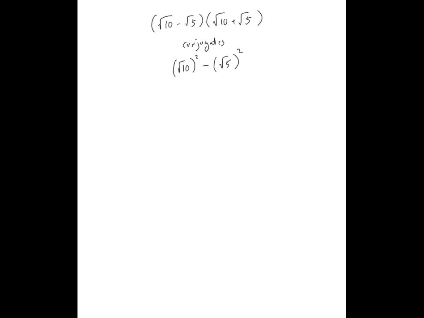And what you will see is that this power of 2 and the radical cancel, giving you a 10 minus 5, giving you an answer of 5. So under conjugates, you don't have to show all that work. Tell me that they're conjugates, and then just square the first one and square the second one.